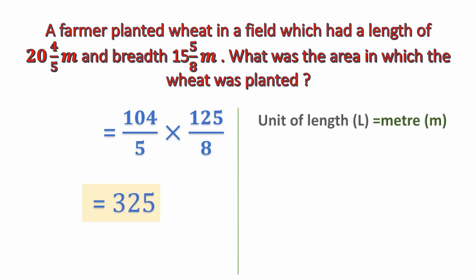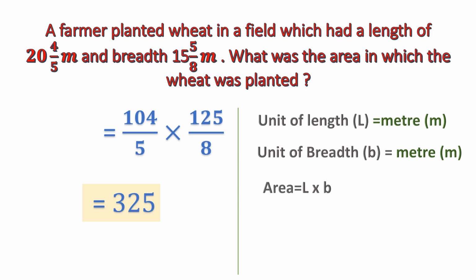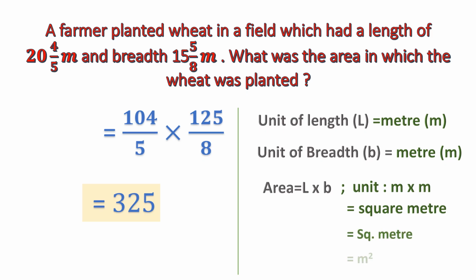Now the unit of length is meter because we have seen length is given as 24 by 5 meter. Unit of breadth is also meter. But when we are finding the area, it is length into breadth. So in that case the unit will be meter into meter. Meter multiplied by meter can be written as square meter, or we write it as sq. meter in short, or this is the symbol for square meter.